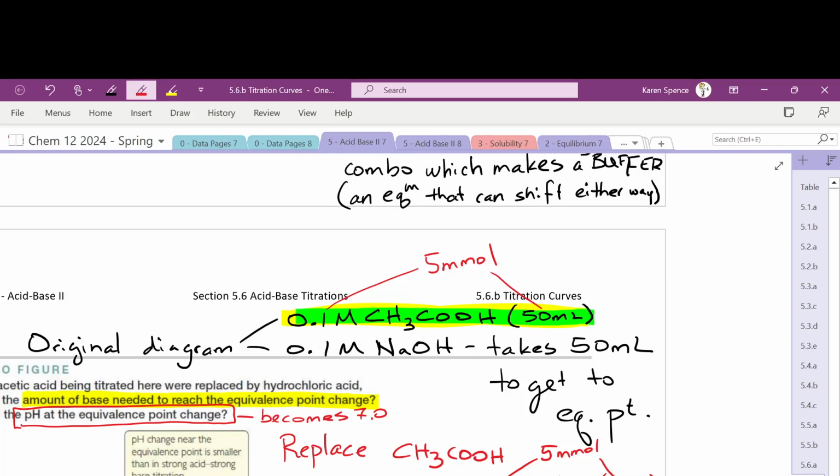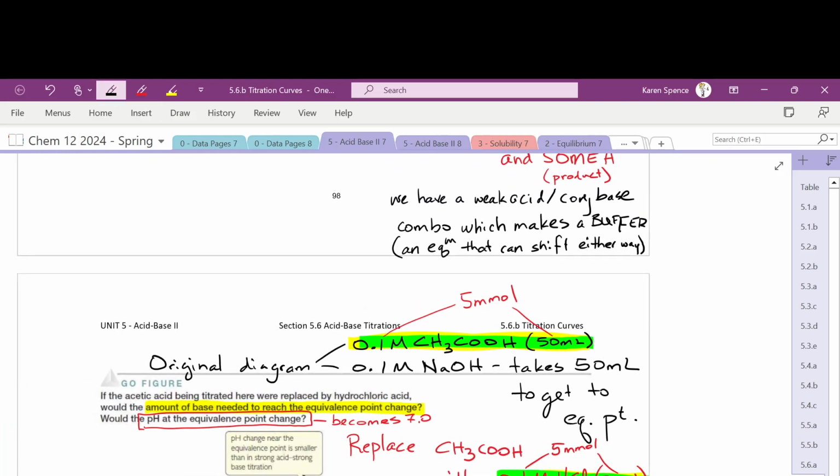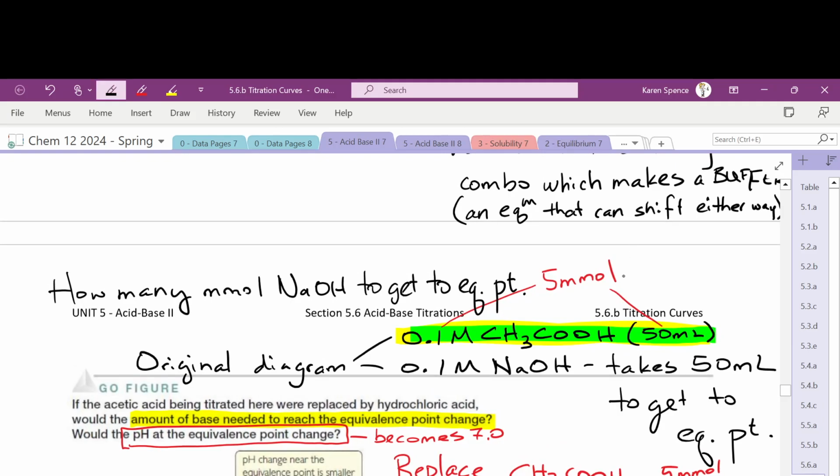How many millimoles of NaOH do we need to get to the equivalence point? We have 5 millimoles of acid.